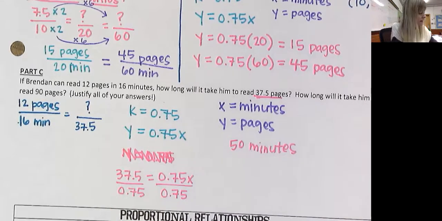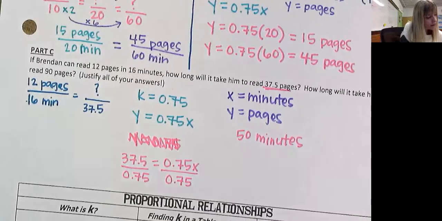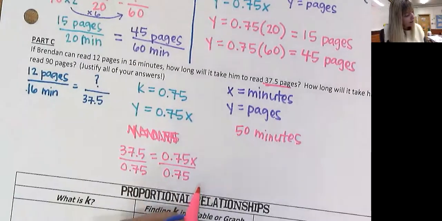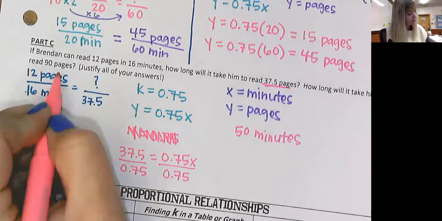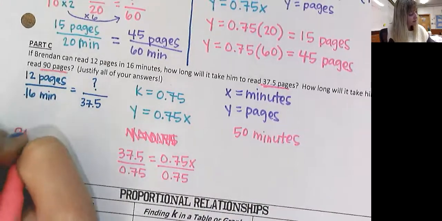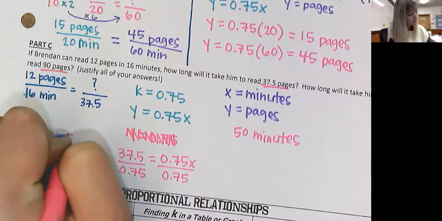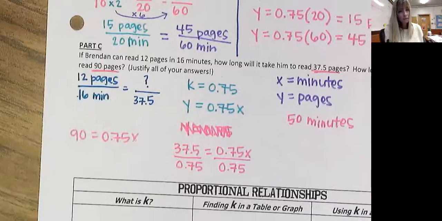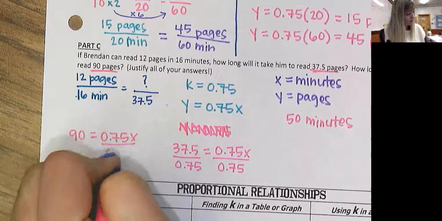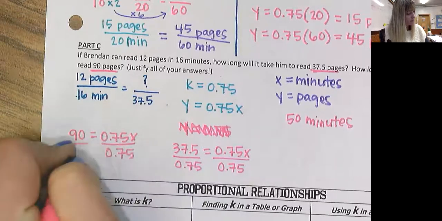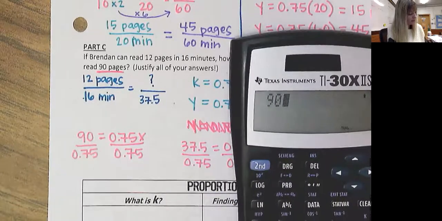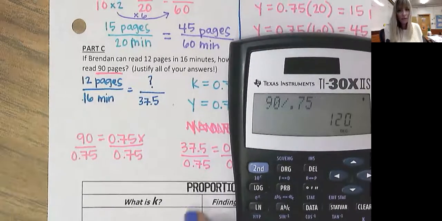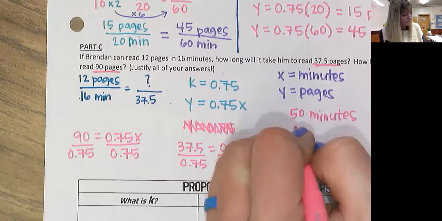And then I am also going to do, how long will it take him to read 90 pages? Plug it in for y, divide by 0.75. 90 divided by 0.75 is 120 minutes.